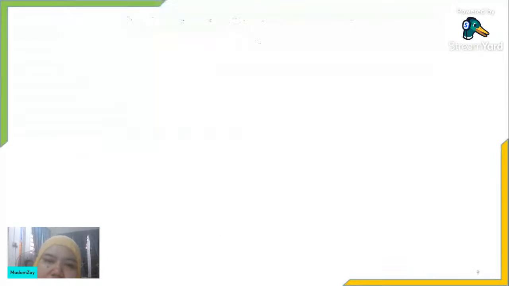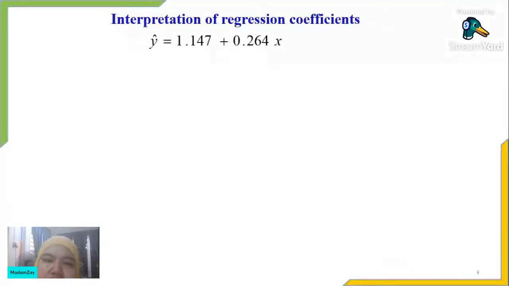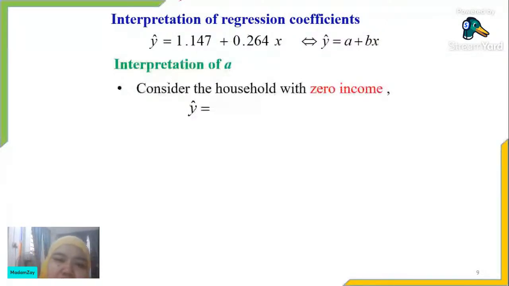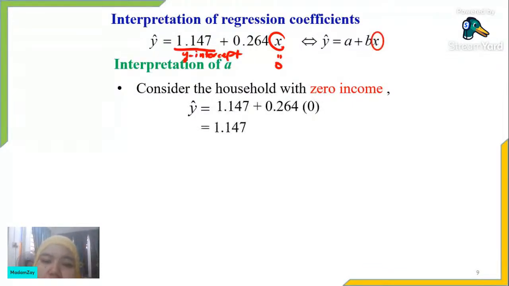Okay, now how to interpret this? Interpretation. So let's see what the values of 1.147 and 0.264 indicate. So 0.264 is the gradient, right? And A is the y-intercept, right? The y-intercept, we will have it when the x is equal to 0. Okay, so when x equals 0, meaning 0 income, we have y equal to 1.147.